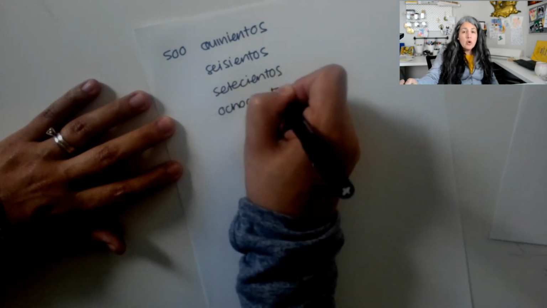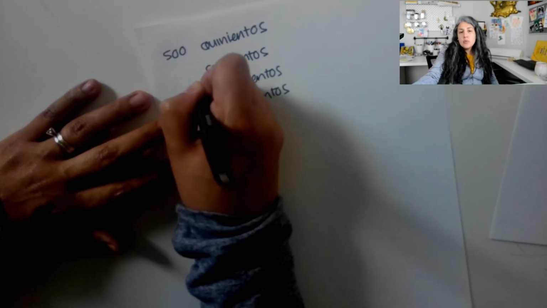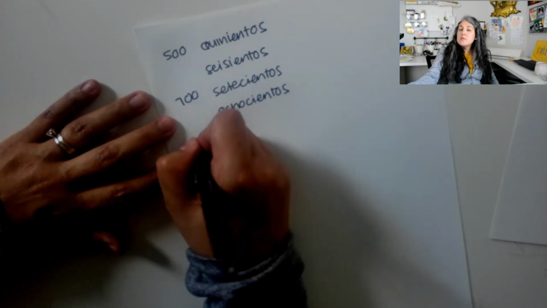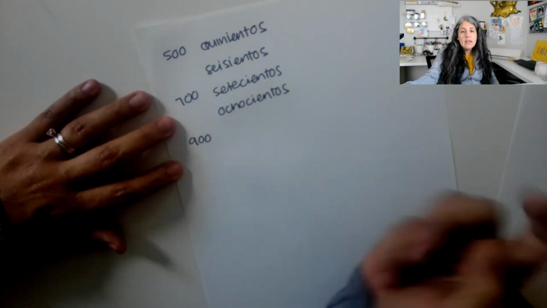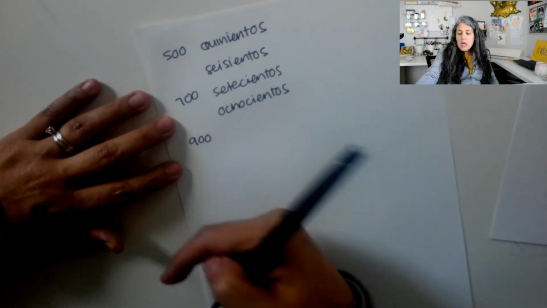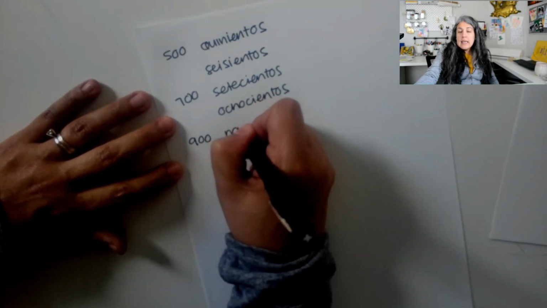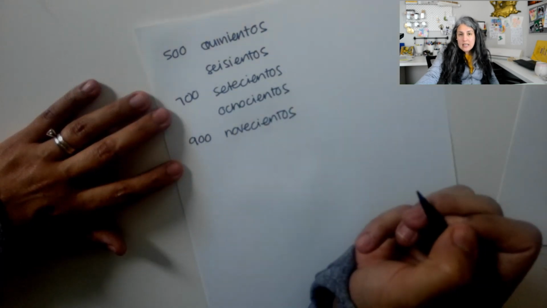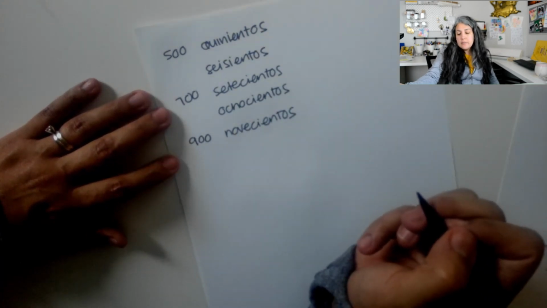And our last rule breaker that does not follow the exact same root is 900. Not novecientos, where it comes from the word nueve, but 900. Again, Latin root. So 500, 700, and 900 are the three rule breakers.